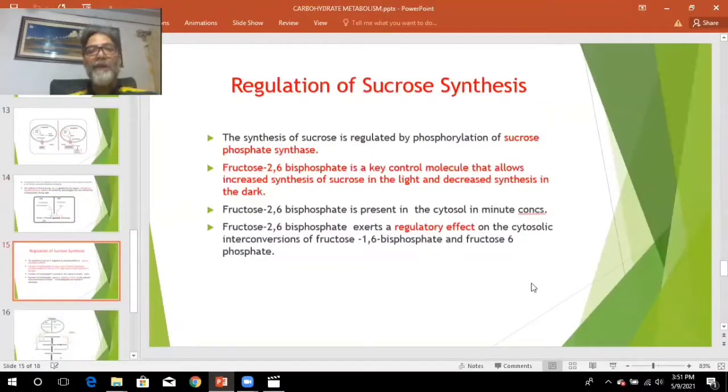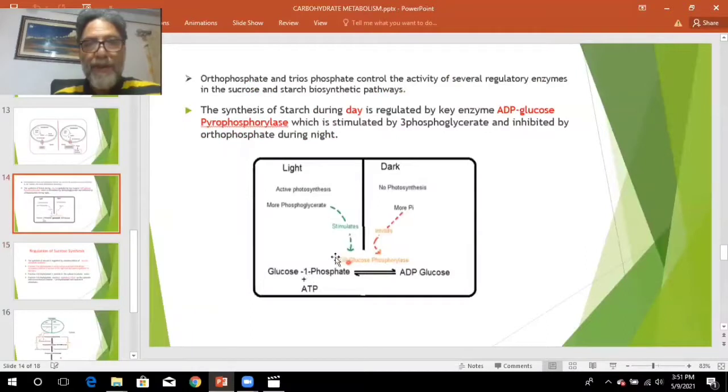Now, we have seen how starch is being regulated. In case of starch, the key enzyme for its regulation is this enzyme, ADP glucose phosphorylase, regulated during day and night.